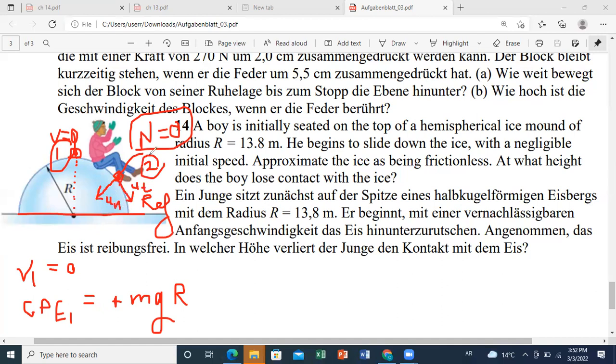At this particular position, since the normal is 0, and they said no friction because you have a frictionless surface, the only force is the weight. So I can find a relation between the velocity and the angle theta where the boy will leave the track. Theta is unknown, and to find the height I need the angle for which I leave the track.